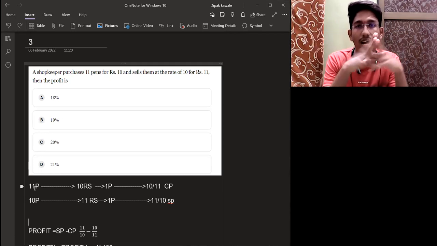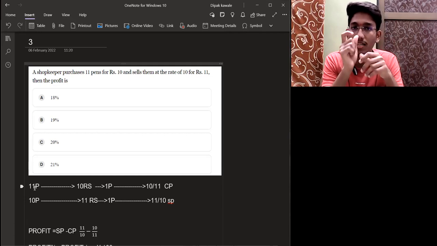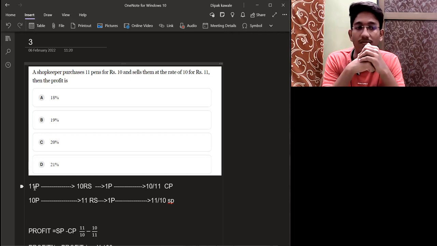Correct. I have to find a common least common multiple. That is why I have to find the LCM.